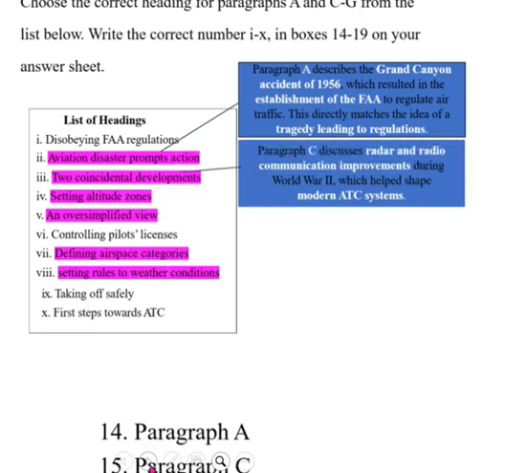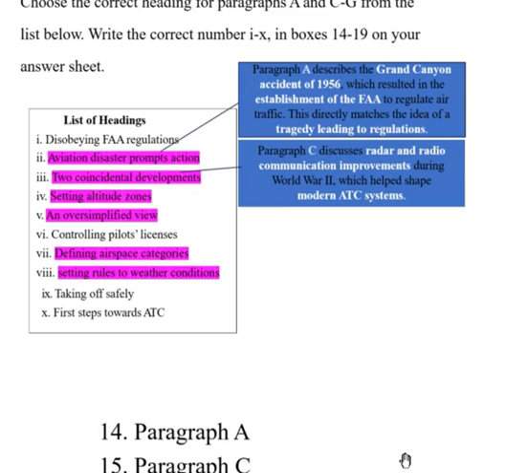Two developments that take place in this paragraph. Paragraph C discusses radar and radio communication improvements during World War II, which helped shape modern ATC systems. So, we can say for paragraph C that its perfect, suitable, or appropriate heading is Roman figure 3.